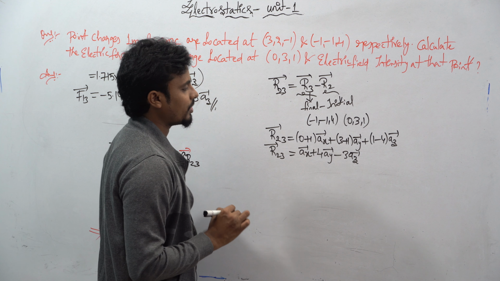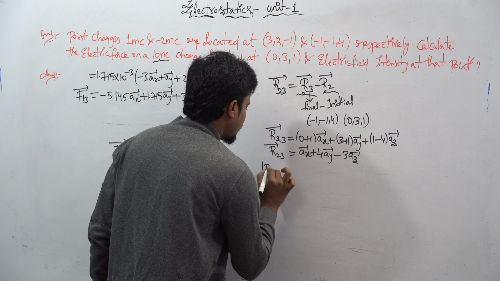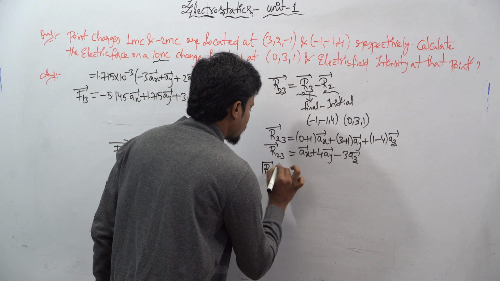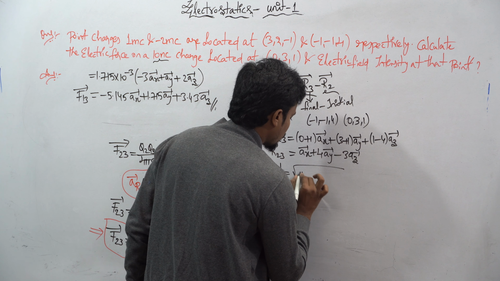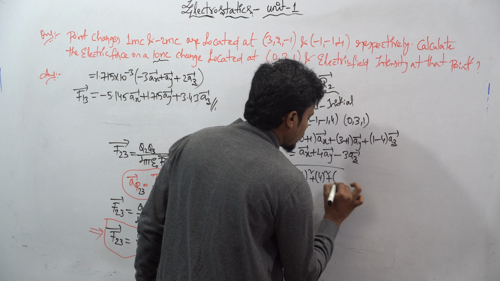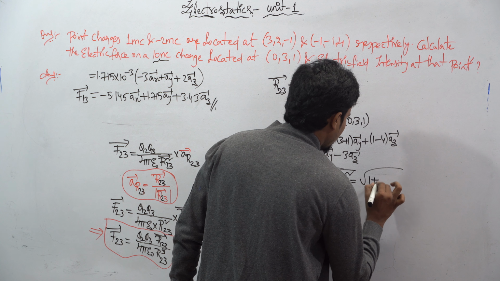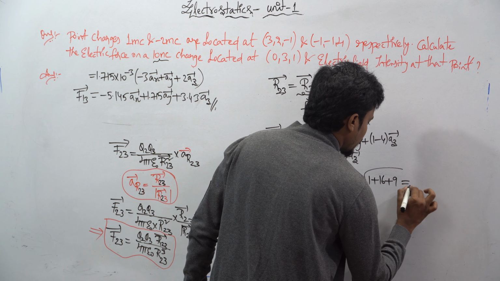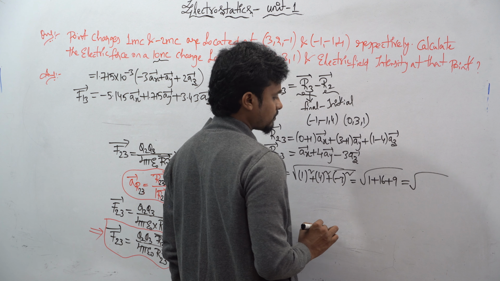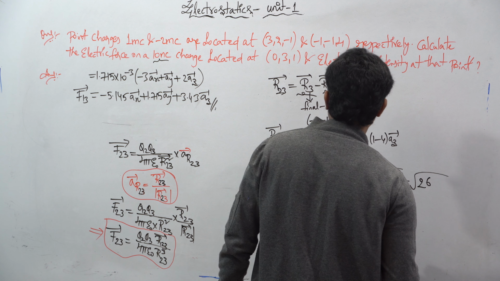And what will happen if you apply the modulus for this? The magnitude of R23 bar will be equal to square root of 1 whole square plus 4 whole square plus minus 3 whole square. So this will become 1 plus 16 plus 9, that is 26. This be root 26.